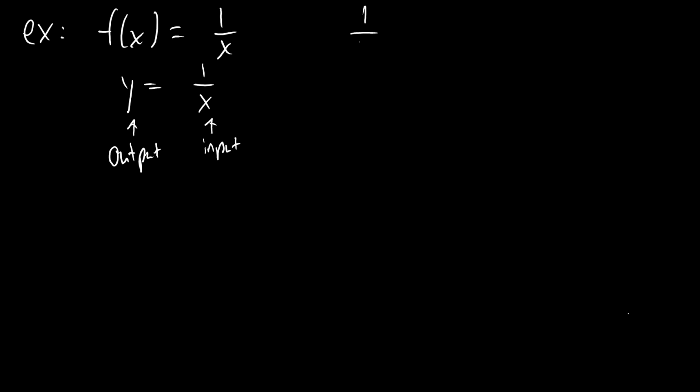One thing I know about 1 over x is we can relate this to 1 over 0. 1 over 0 is undefined. Okay? And that's very important, because you're going to have a lot of these domain and range problems where you're going to have 1 over x, plus something or minus something, whatever. But you cannot have 0 in your denominator.